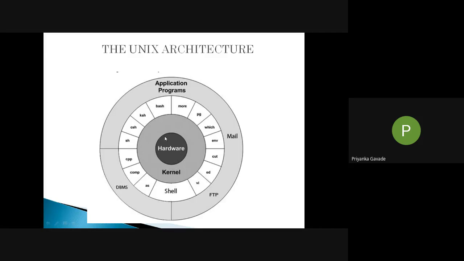Can anybody define what is a kernel? Yes. It is file system on hardware. Means files. Yes, it is a program that we can't change. It's a system program that we can't change.